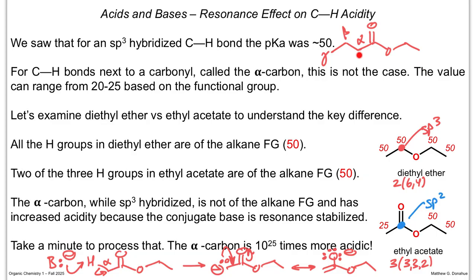I've identified the alpha carbon, the beta, and the gamma. Under these conditions, you are only concerned with the alpha carbon. The beta and the gamma behave as alkane acidity, so they're both 50. So of this molecule, when you treat it with a base, you are selecting a CH bond here only. If you had a strong enough base, you could never go here first. The pKa's don't allow it.